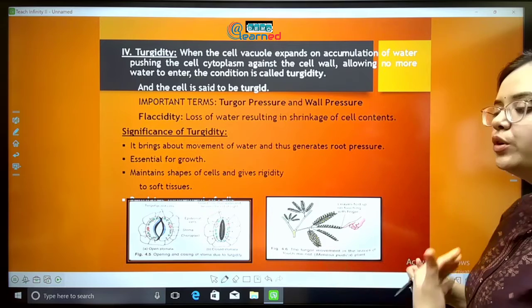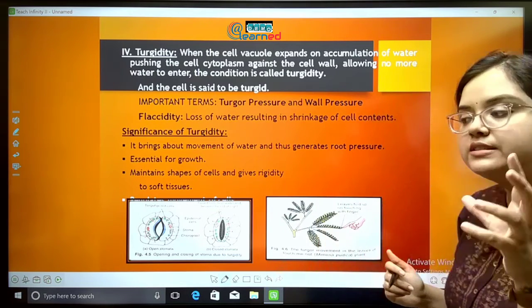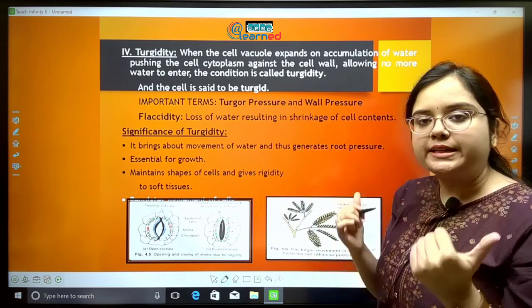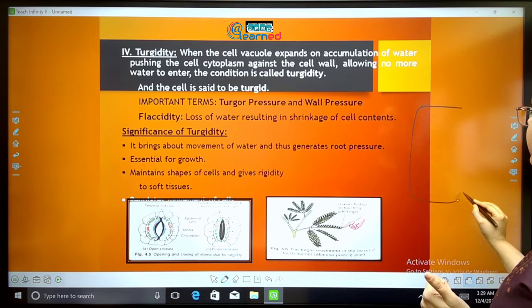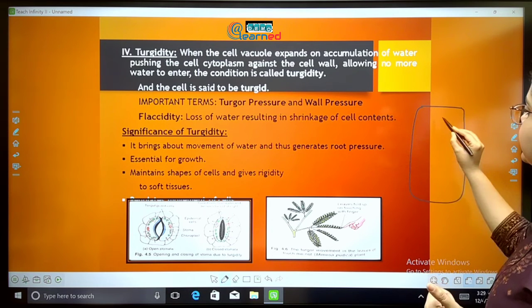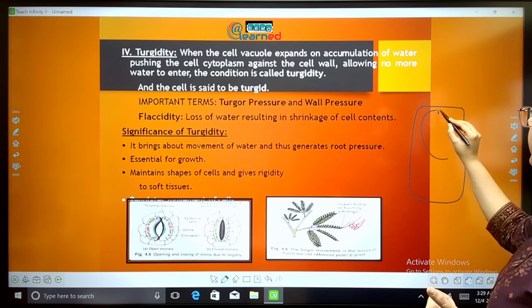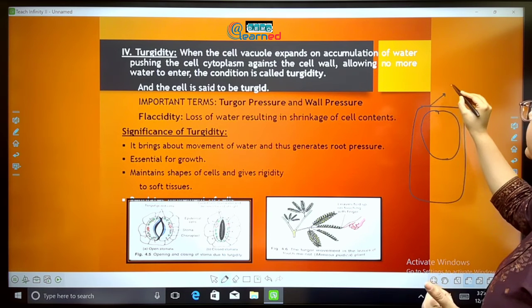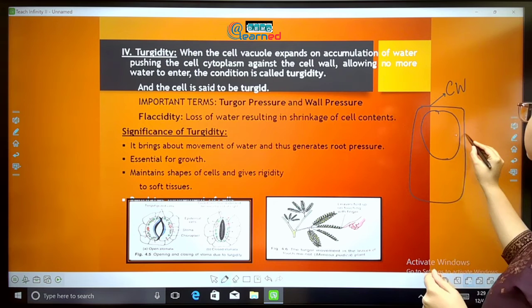Until now we have spoken about the cell taking up water. What is that thing called when the cell is completely distended, swelled by taking up water? So, this is the cell, and this is the vacuole, and this is the cell wall. I am depicting it as CW, and this is the cell vacuole.